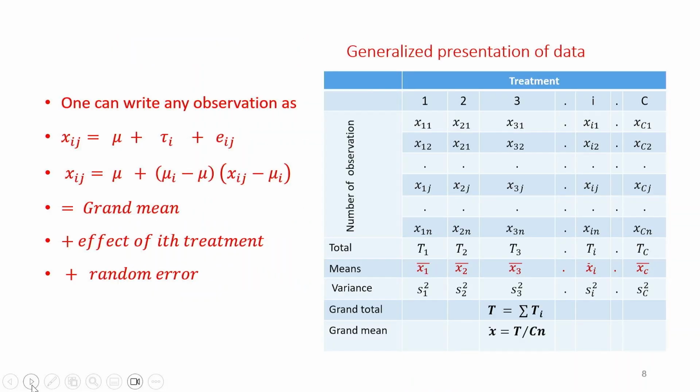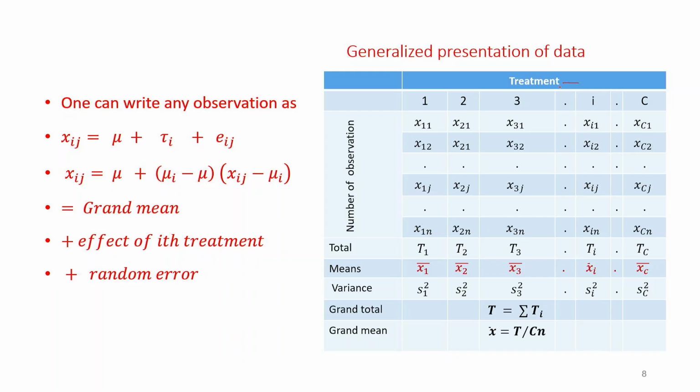So one can therefore write, now we can go for a generalized presentation of data. What we write is, on the first row, we write these as treatments or factors. Even though this is the manufacturer, so manufacturer 1, manufacturer 2, and 3, we can write them as treatments, as if I am doing an experiment and these are the different treatments.